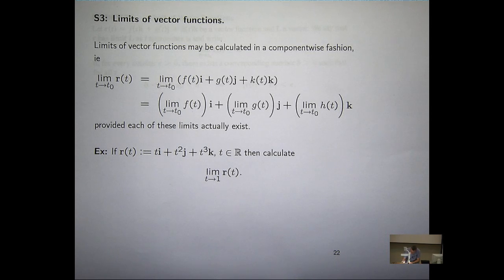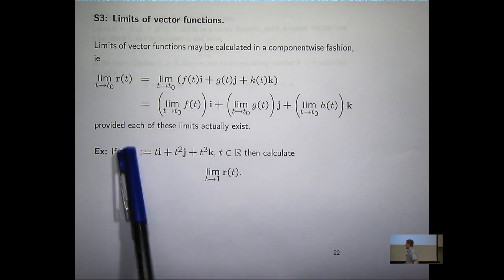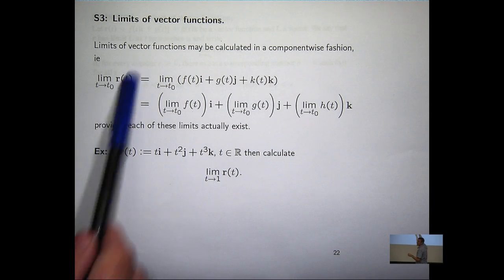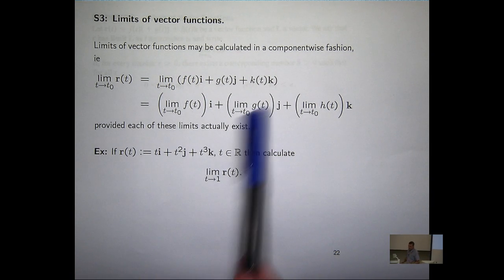And that gives you a way of calculating the limit as well. This limit exists provided each of these limits exists.